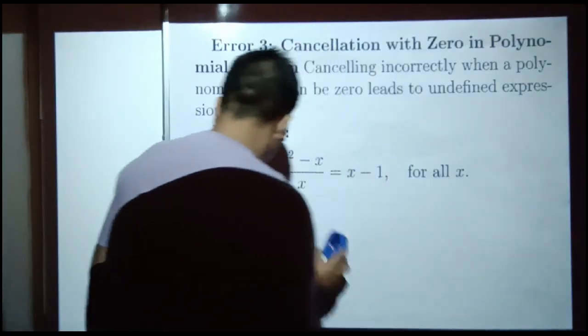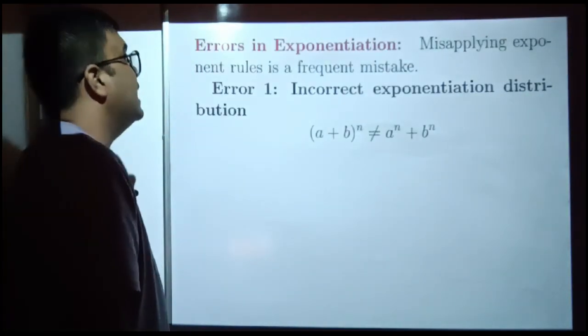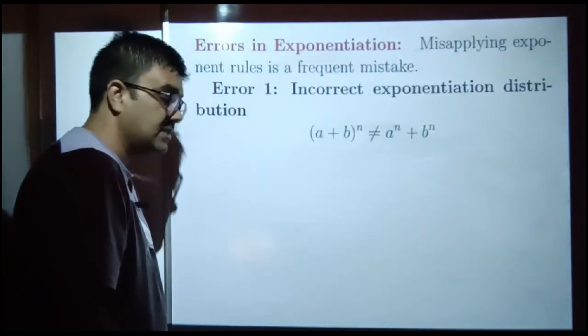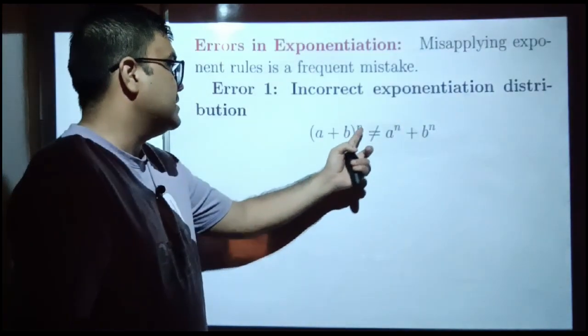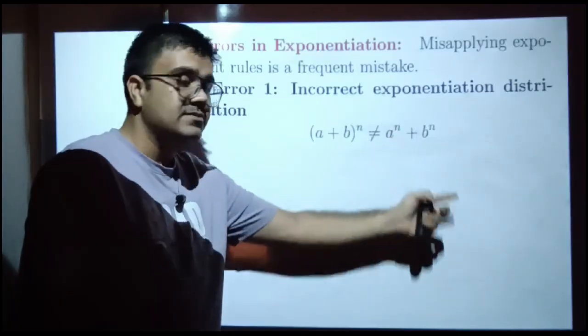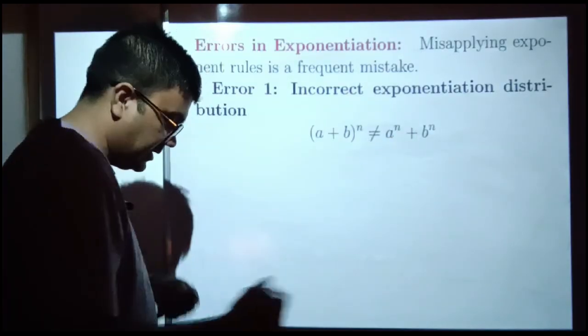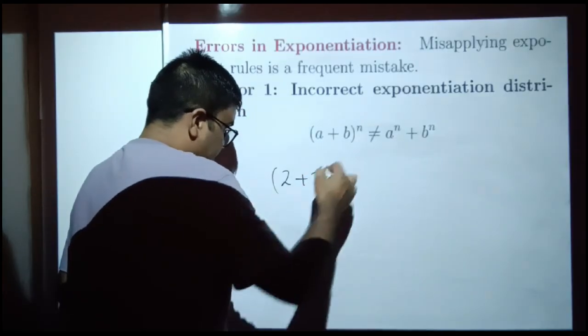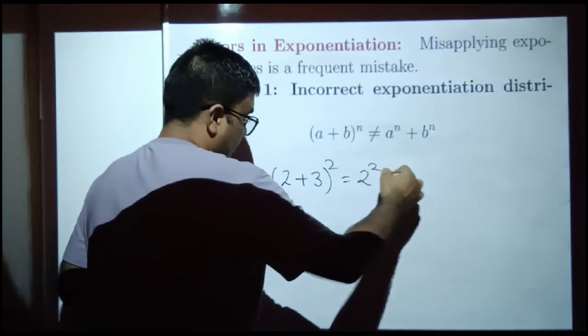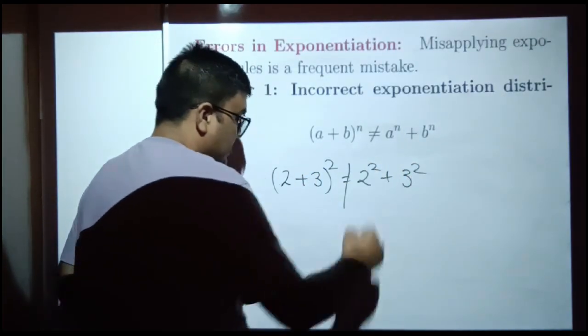Next is errors in exponents. A plus b raised to the power n is not equal to a raised to the power n plus b raised to the power n. What mistake do students make? For 2 plus 3 whole raised to the power 2, they write 2 raised to the power 2 plus 3 raised to the power 2.